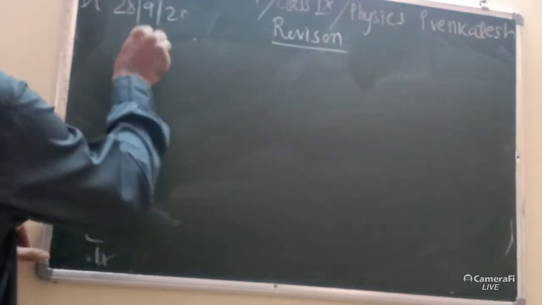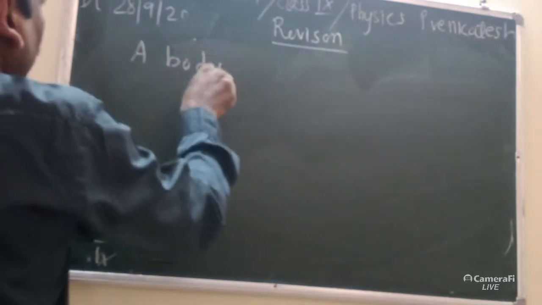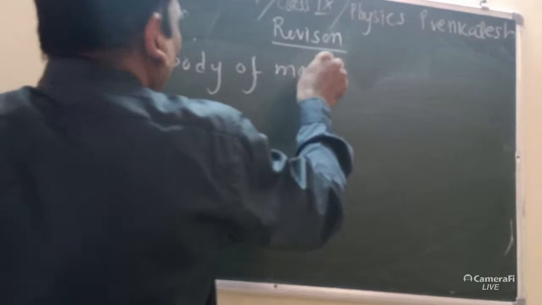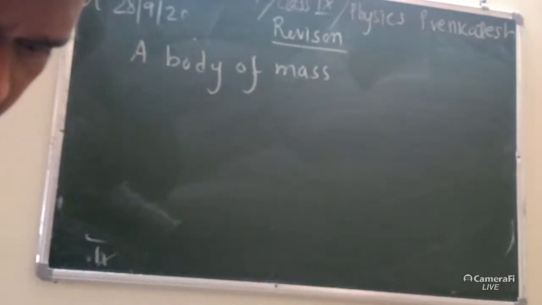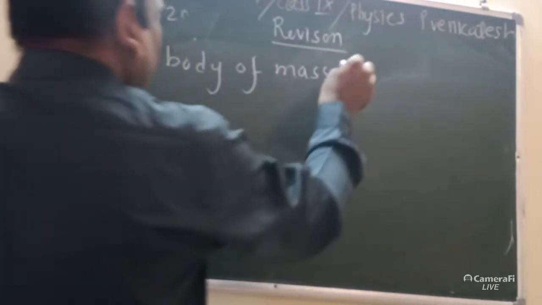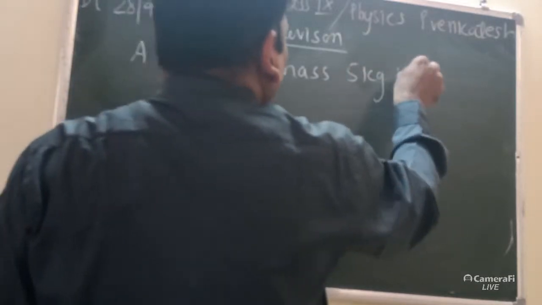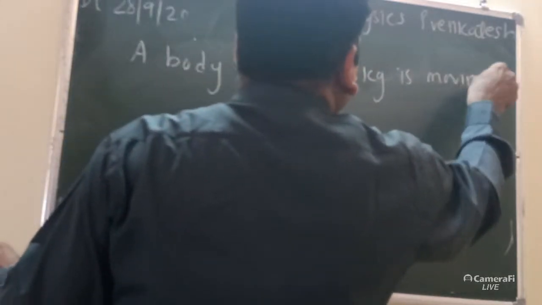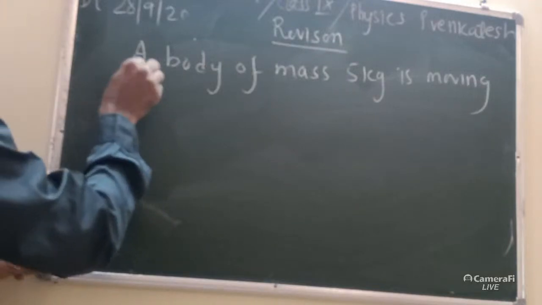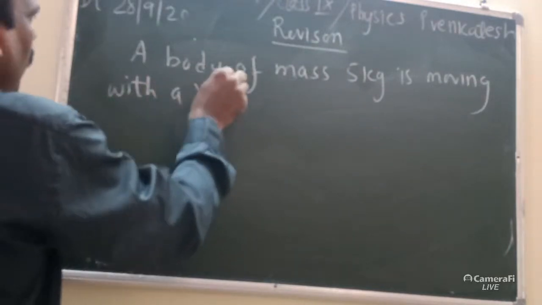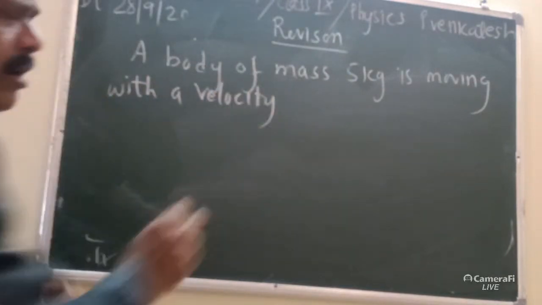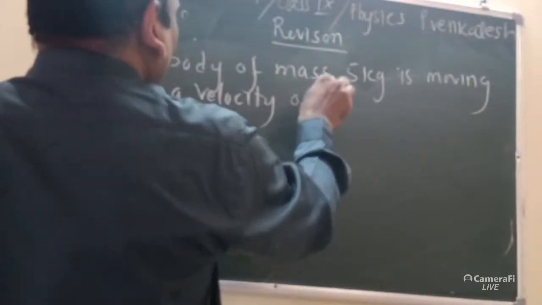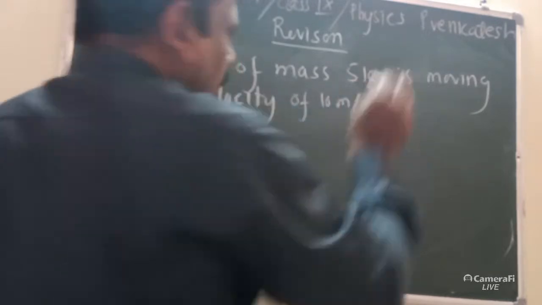Now, write down: a body of mass 5 kg is moving with a velocity of 10 meters per second.